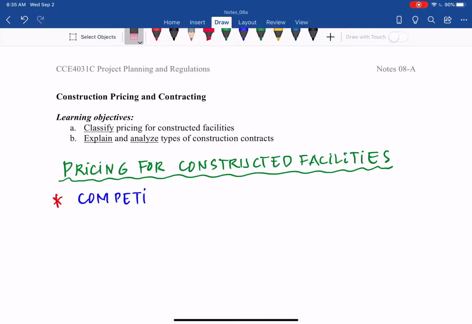Competitive bidding. In competitive bidding, there are many other variants. One of the variants that also applies, we call A plus B bidding.